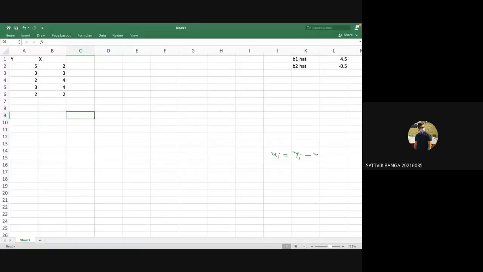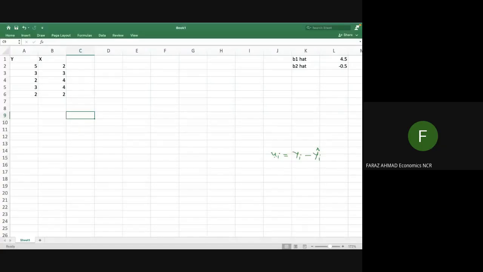I don't think y was 5 in the first place. Oh, sorry, it was 5 only. I'm so sorry. This is how we will calculate the ui hat. This formula we will be using. For this, we need yi. We have yi, but we need yi hat also, which we don't have. So let us calculate yi hat first.